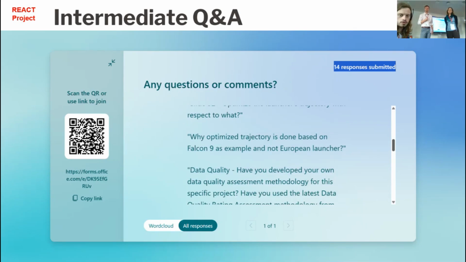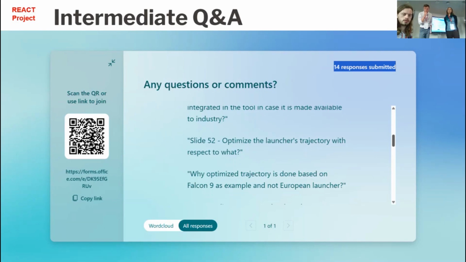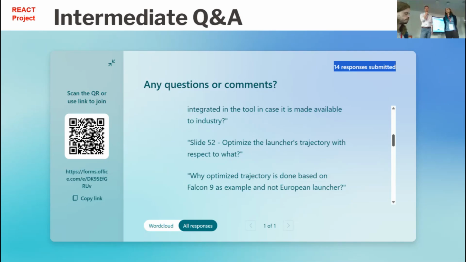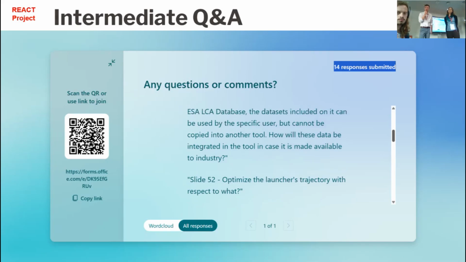And some questions about the launcher. I think this was chosen because this is the data we had at the moment, and that's why we showed this for the Falcon 9. But for the optimization of the trajectory, does someone want to add? What Alice is doing, she left unfortunately, is that you can decide on your optimization function.